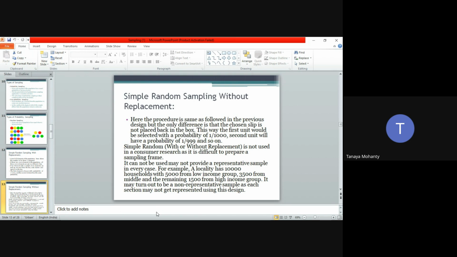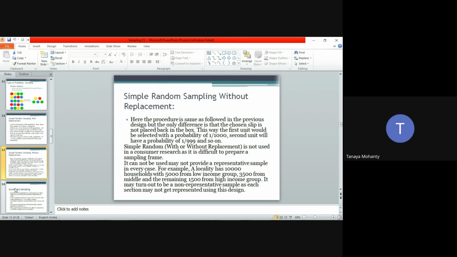Since the lower income group has the maximum number of households, we need to see that the maximum sample size should be drawn from them. Then the middle income group, which has the second highest population, we give priority to them, and then the high income group, which has the least number as far as its size is concerned.